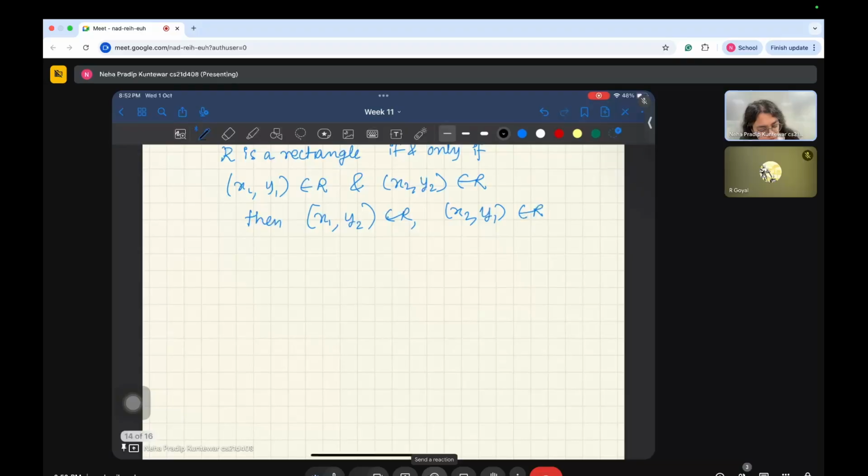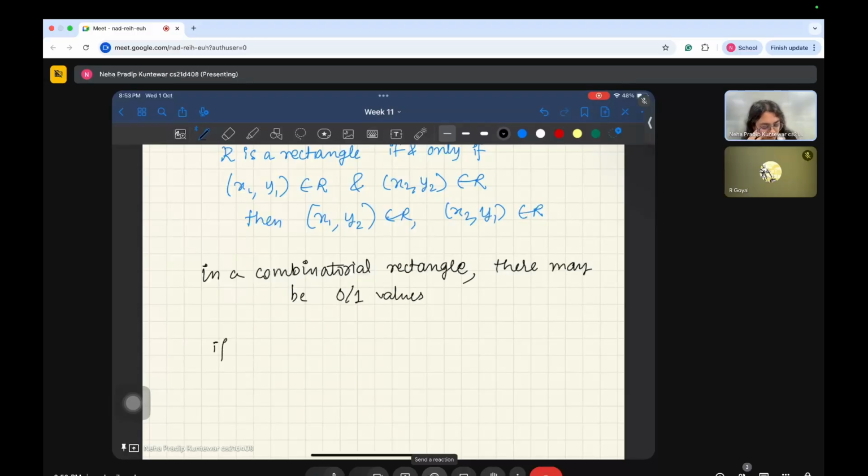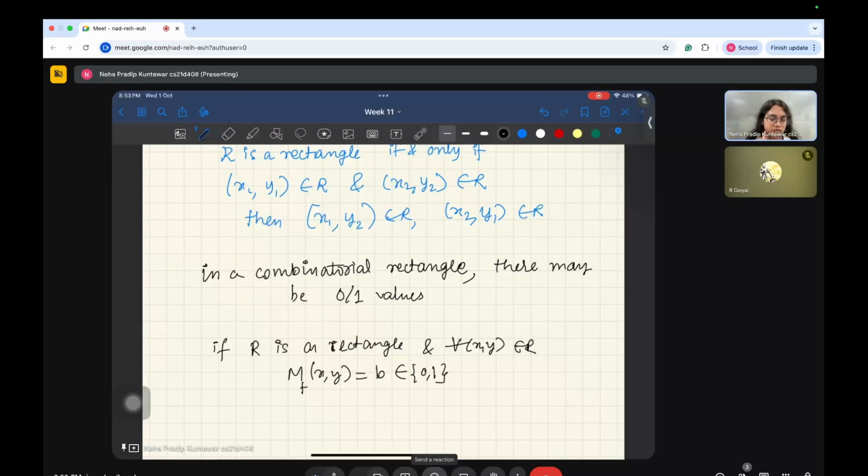Okay, so in a combinatorial rectangle, there may be 0 1 values, but if R is a rectangle and for all x comma y in R, the value of f of x comma y is equal to some b, always b in 0 1, that is, all of them are zeros or all of them are ones, then we say that R is a monochromatic rectangle.